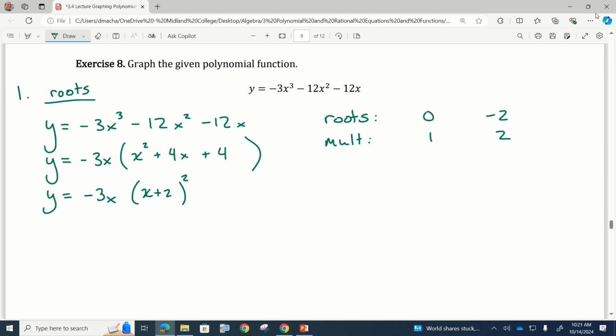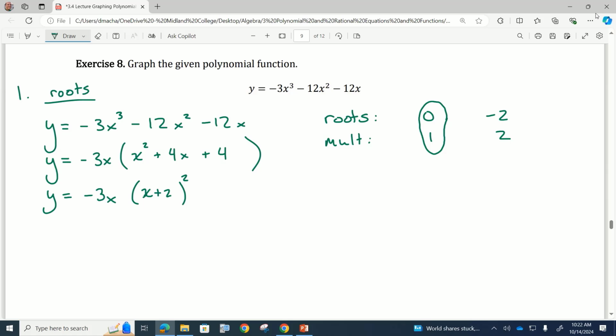Okay, so 1 is an even number, and that means at this point, my curve is going to... Sorry, did I say even? 1 is an odd number.